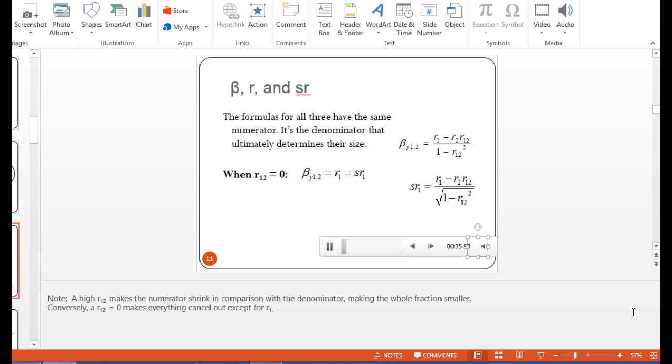The whole purpose of this is to show you that when we have no correlation among our two predictors, and in this case I'm going to stick with just the two predictor case to make it simple. Later this will apply to three predictors as well, but for now let's just stick with two. So when the correlation between the two predictors equals 0, the beta, the bivariate, and the semi-partial will all be equal.